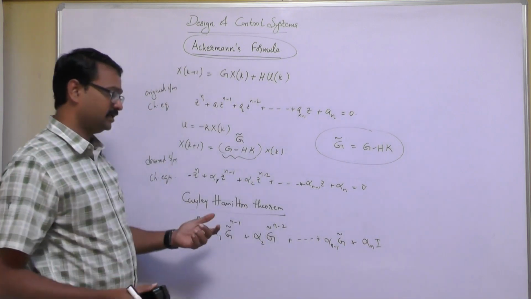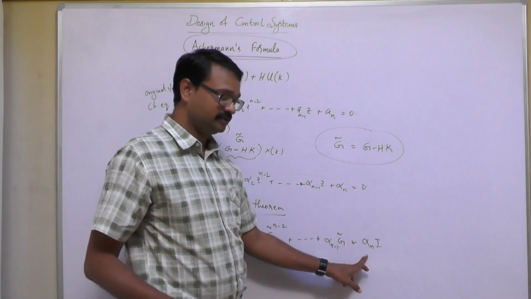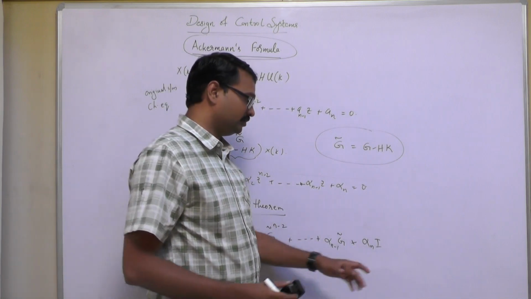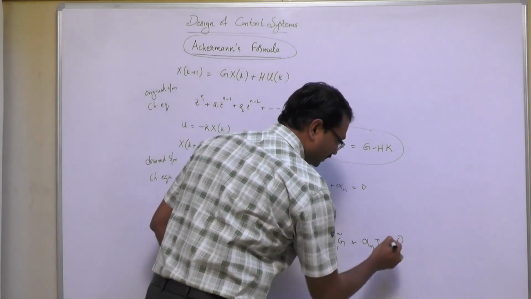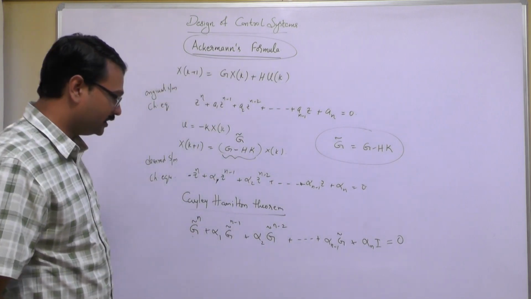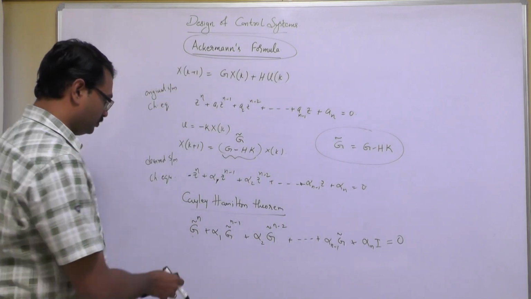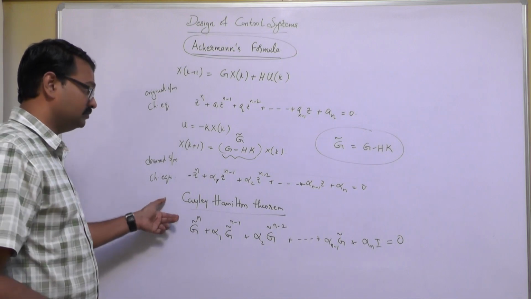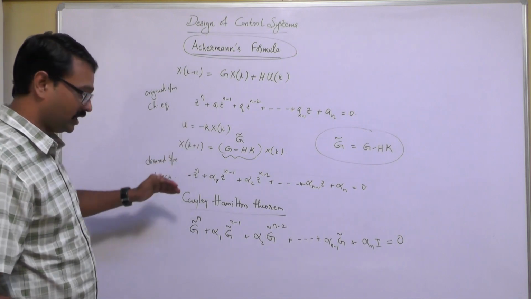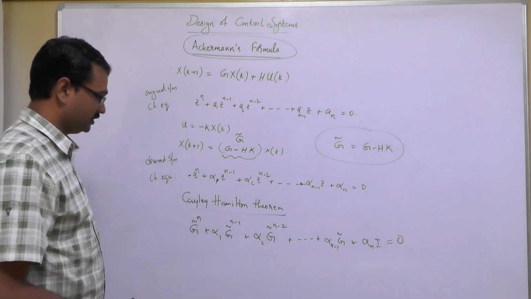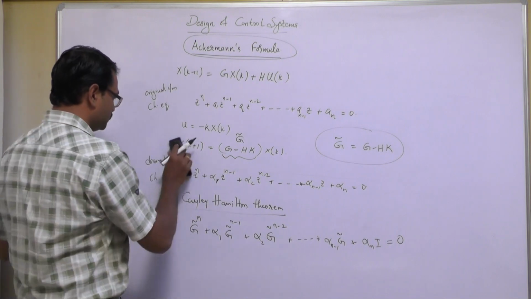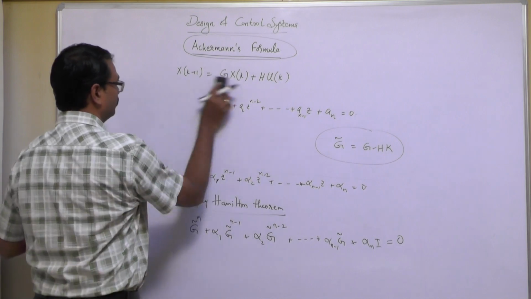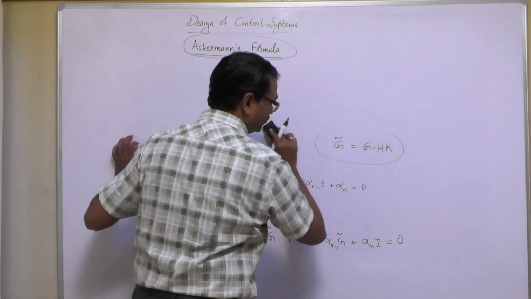Since G bar is a matrix and alpha n is a value, I multiply it with the identity matrix I. According to the Cayley-Hamilton theorem, G bar satisfies its own characteristic equation, therefore we have written this equation. Now based on this equation, we will try to find the Ackermann's formula that is required.